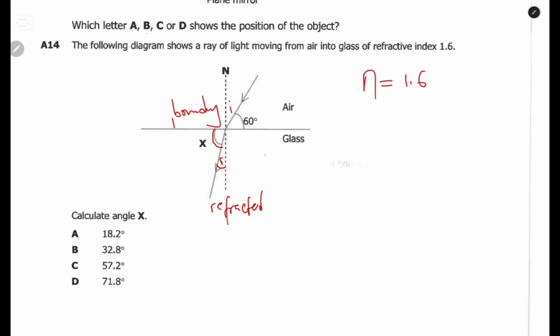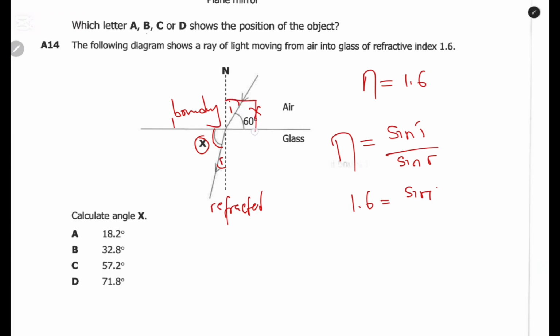To calculate this, we are going to use the formula: refractive index is equal to sine i over sine r. We can only find this part if we find the angle of refraction, so we start by finding the angle of refraction. Refractive index 1.6 is equal to sine of angle of incidence over sine r. The angle of incidence is not this one, but this part.